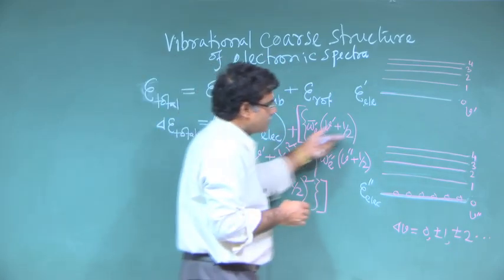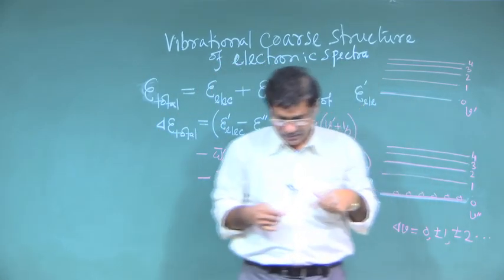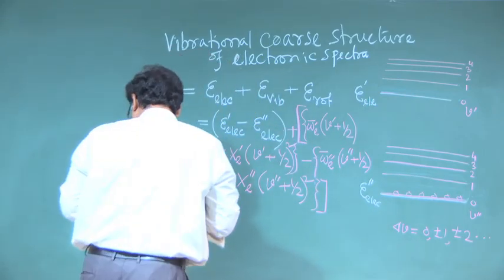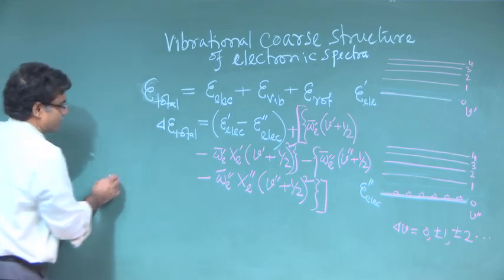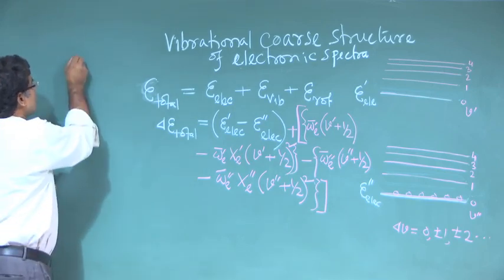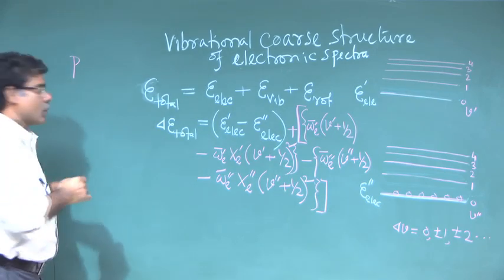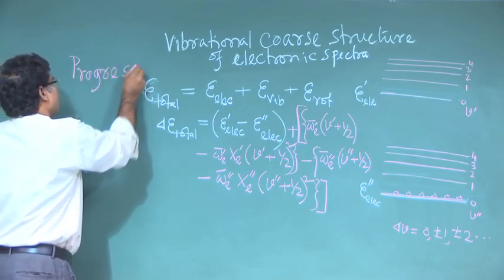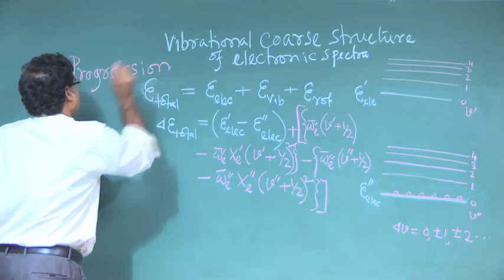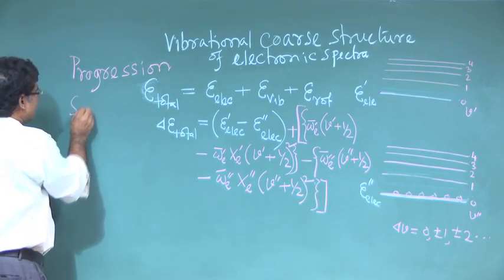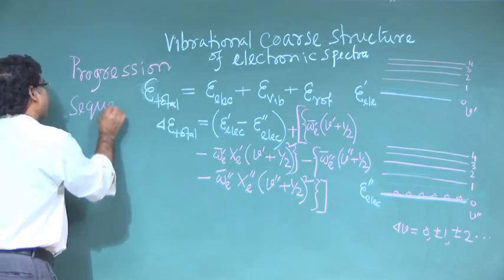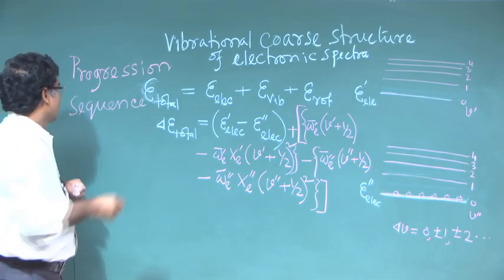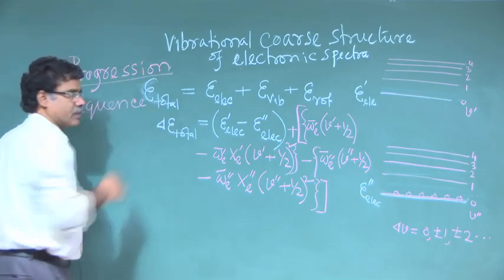The spectral lines we will see, we define in two ways. One is progression, and another is called sequence. So what is progression?